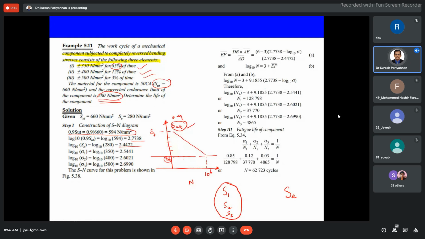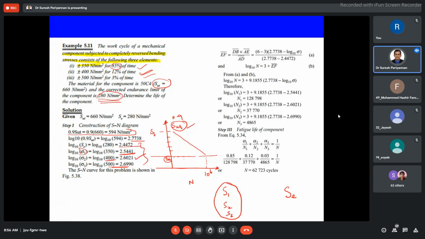Now S1 is given. Sigma 1 or S1, both are same. 2.5441 on the ordinate y-axis. And when you are considering 400 stress level, during that time it is 2.6021. 2.9690 corresponds to 500 stress level. Sigma 1, Sigma 2, Sigma 3, we have calculated in terms of log scale.